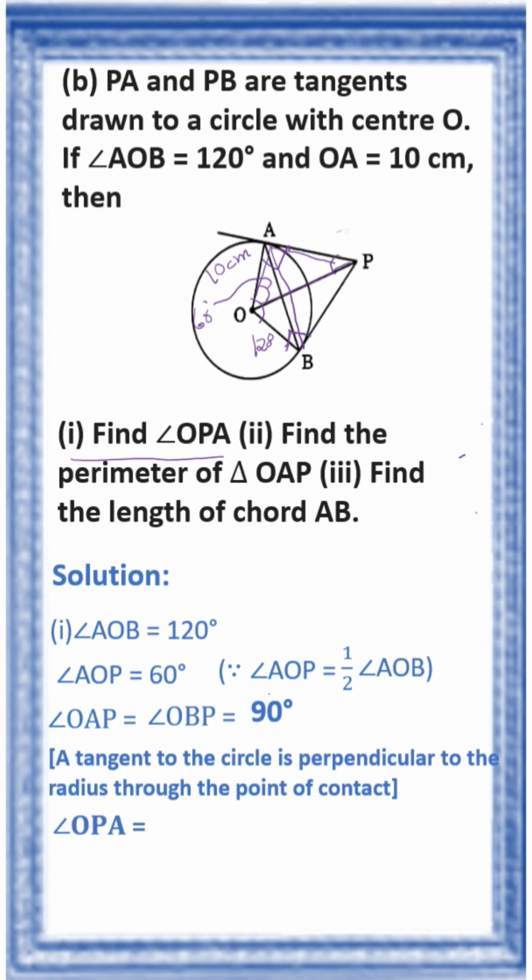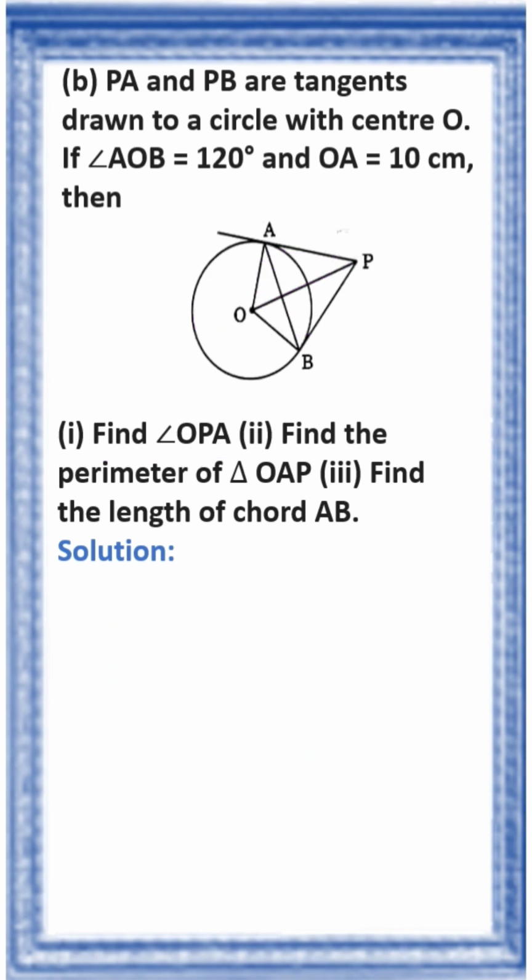So angle OPA is equal to 30 degree because of angle sum property. Means angle 60 degree plus 90 degree plus angle P is equal to 180 degree. By this you can say that angle OPA or angle P is 30 degree.